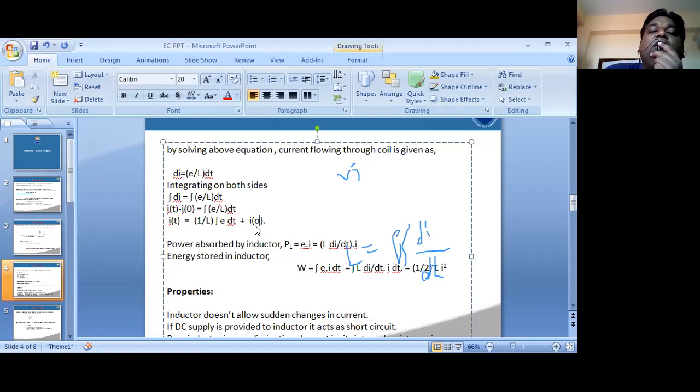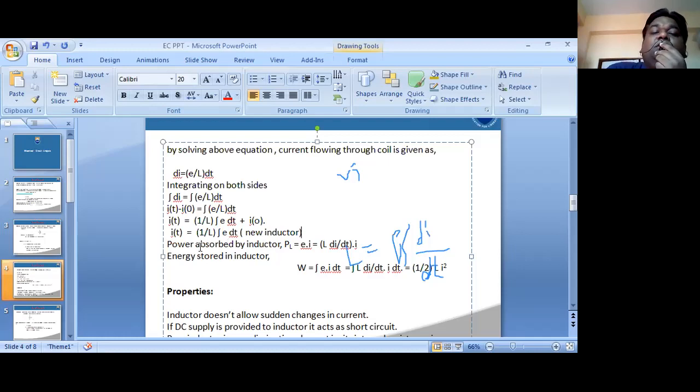Then the expression will be simply: for a new or fresh inductor element, I of 0 is 0, then the current flowing through the inductor element is 1 by L integral E dt.